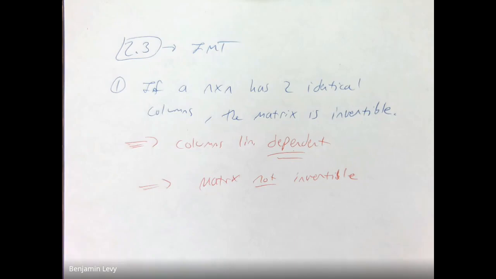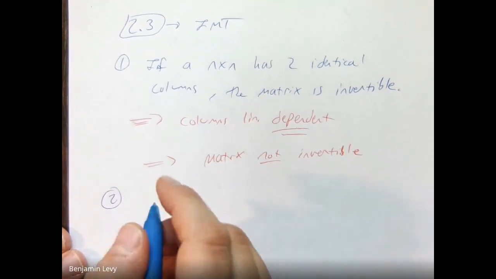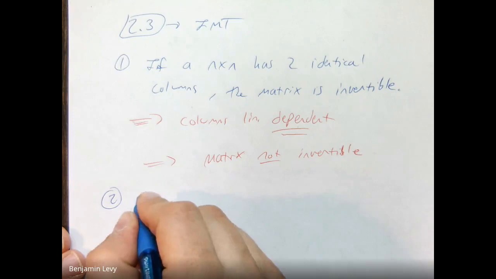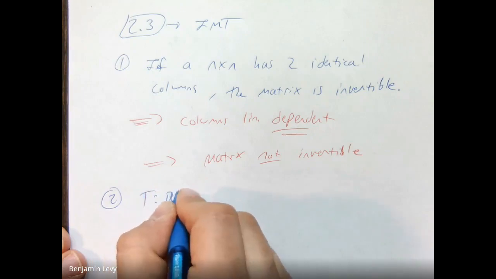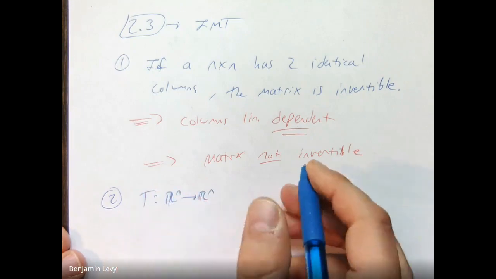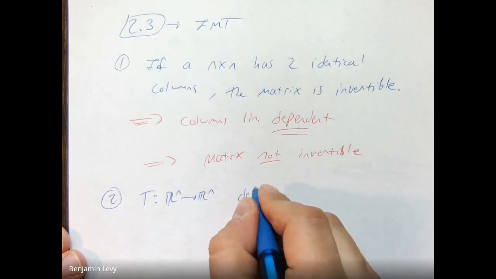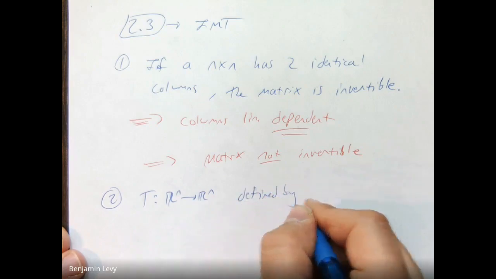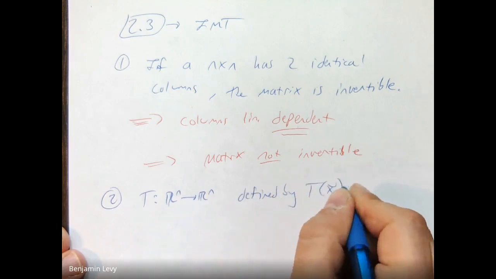Sure, yeah. So number 2 in the same homework set says we have a linear transformation from Rn to Rn, so it's a square matrix, defined by T of x equals Ax.